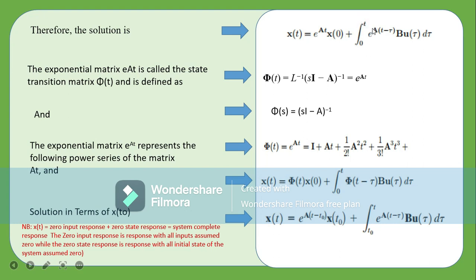Wow, one will be confused and wonder, why do we have this integral here? Of course, if you've done your Laplace transform very well, you'll be able to see what is happening here. This is actually convolution. What has taken place here is actually convolution. Mind you that this is t minus tau, bu of tau d tau.